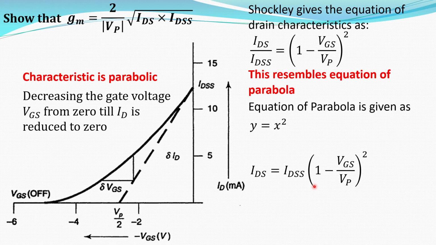By using this VGS and IDS value, the characteristics have been plotted. This depends upon the drain current, saturation current, and source current. Based on the source terminal, drain terminal, and gate terminal, we are plotting the values for VGS and then IDS.